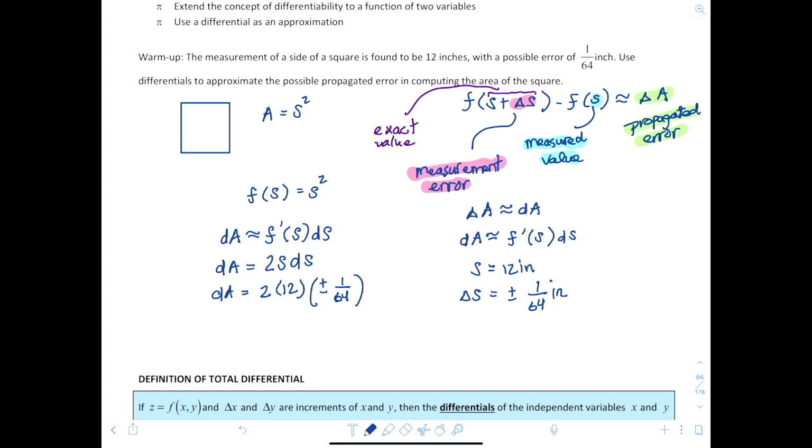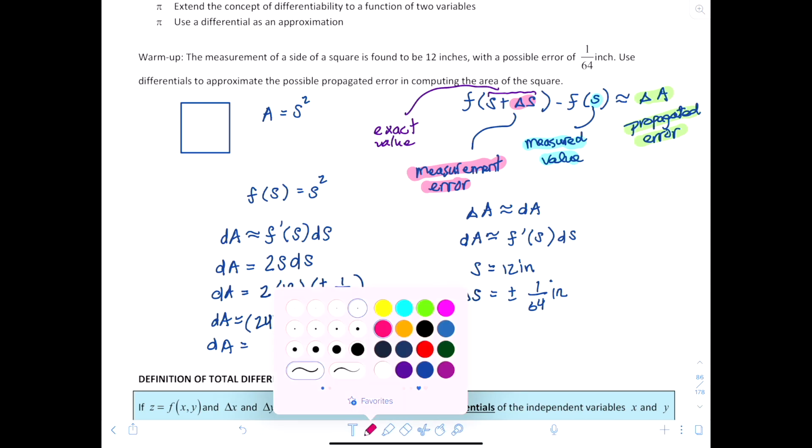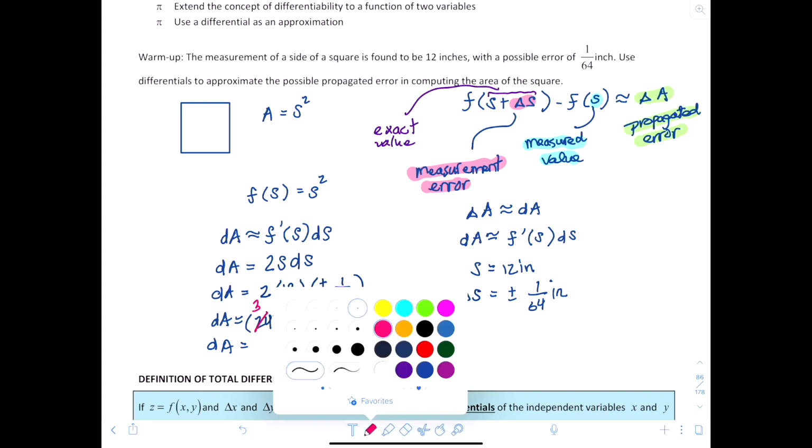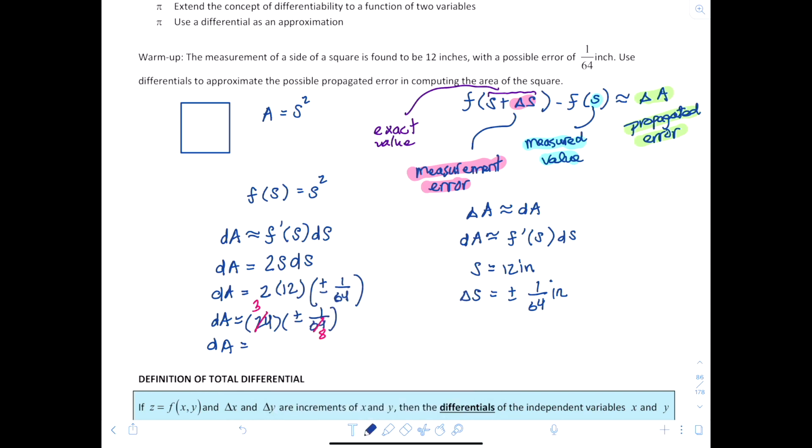We've got dA would be 24 times plus or minus 1/64. 8 divides both of those, so if we divide out an 8, we'd get 3 here and 8 here. So our possible propagated error in the area, given these parameters, would be plus or minus 3/8 of an inch.